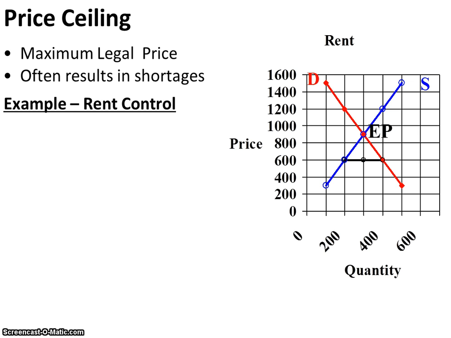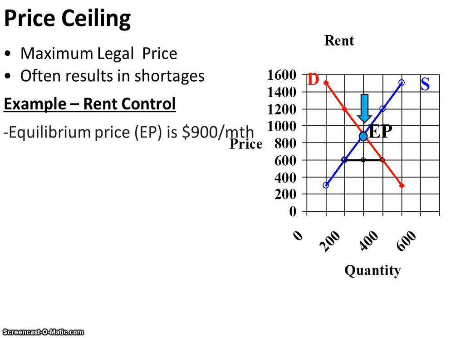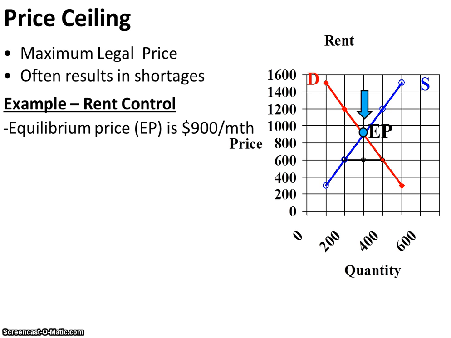The government often tries to step in to help people by saying they're going to create a price ceiling that states there's going to be a maximum legal price that property owners are able to charge for rent. In this example, you can see that our equilibrium price is $900 a month rent.